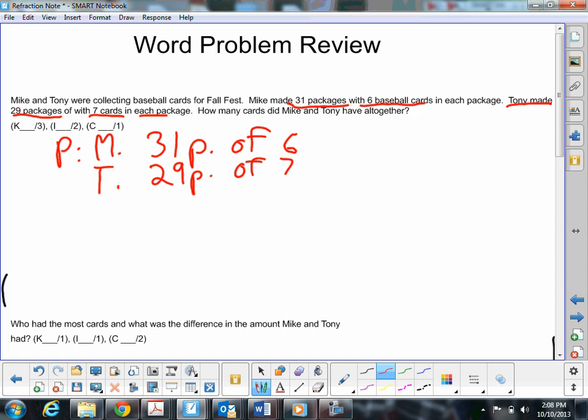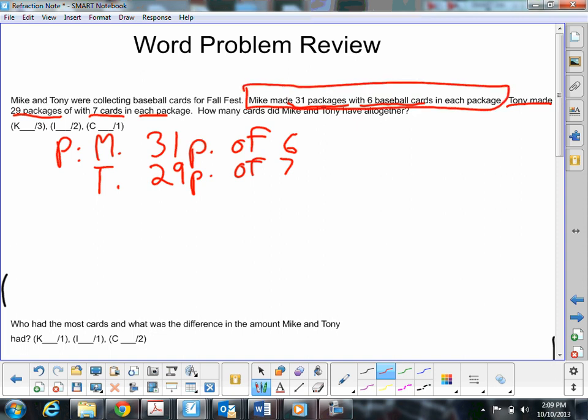Okay, I'm looking at this question, and I'm seeing that 31 packages of 6 is basically repeated addition. 31 times you're adding 6. So that repeated addition is multiplication. So I'm knowing now that this part right here is a multiplication part.